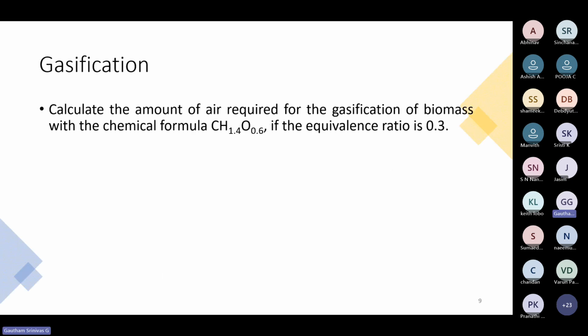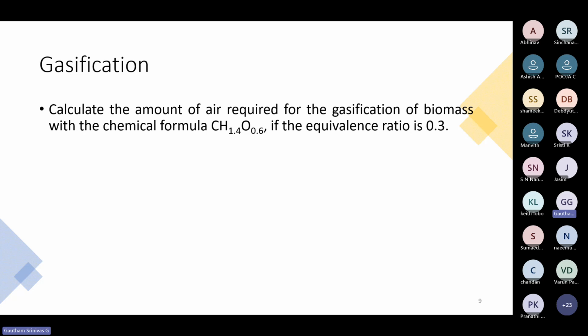Okay. So calculate the amount of air required for the gasification of biomass with the chemical formula CH1.4O0.6. So this is the same biomass as you saw before. Now, if you remember the previous class, the equivalence ratio, use that formula.